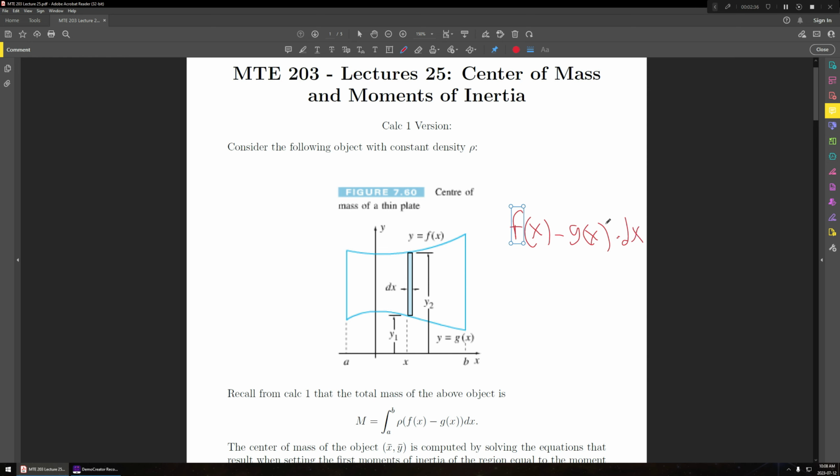Then I need to multiply that by the density, so the density times the area will tell me approximately the mass, right? Now, if I take this in the limit and integrate from a to b, the two edges, this tells me the exact mass.